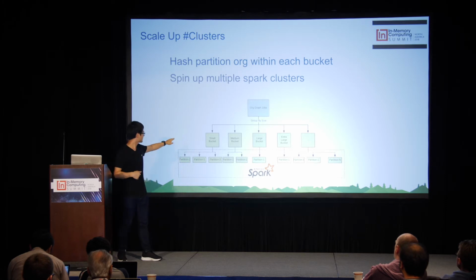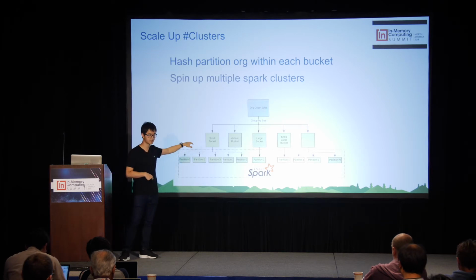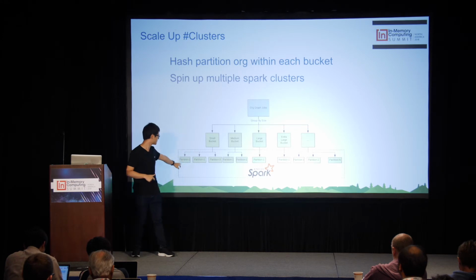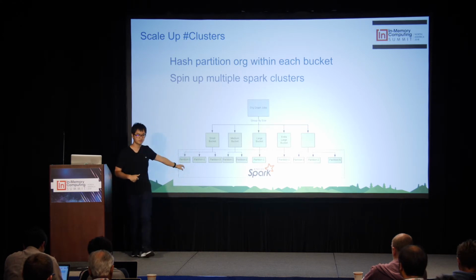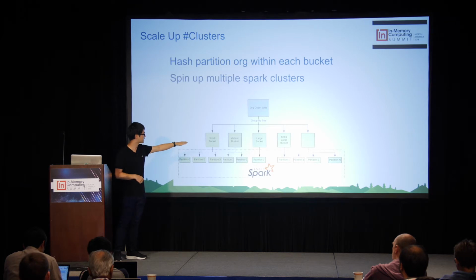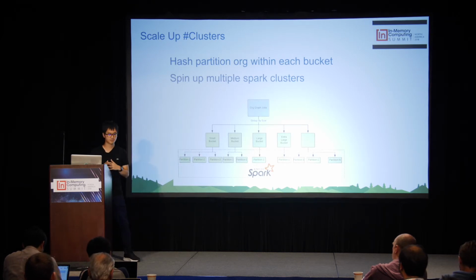For example, in a small bucket we may have 900 organization graph generation jobs and 3 partitions. Each partition has one Spark job, which means every partition may have 300 graph generation jobs running. And so on, so we can scale up by scaling up the Spark clusters.